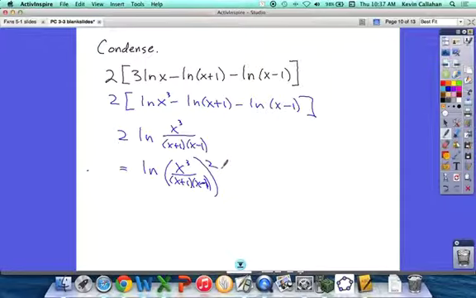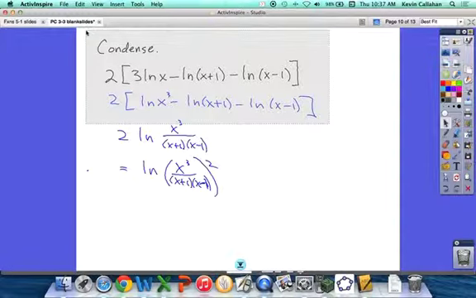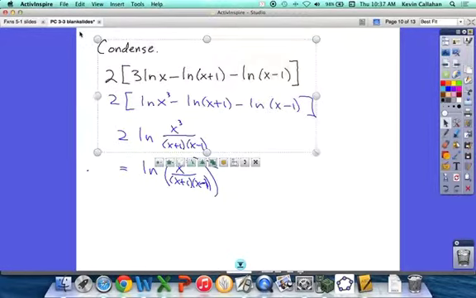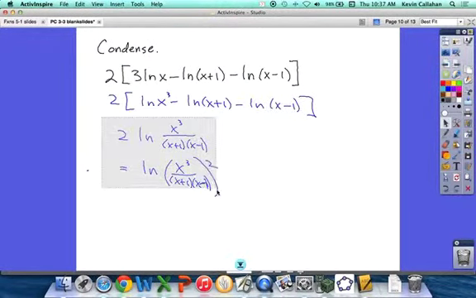That would be done. Let me see if I can do something here. It's not going to work. I don't think it's going to work. No. Maybe I can do this. No.